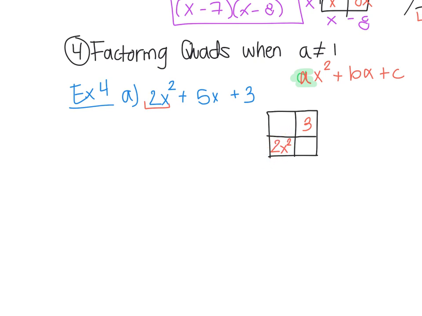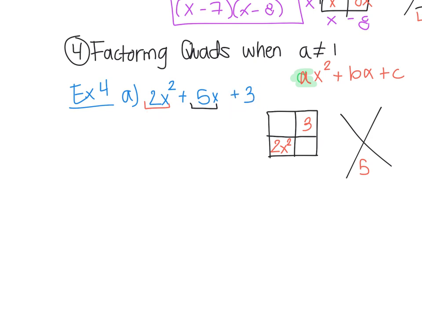The great news is we're still using a diamond game to do this. And our two numbers still need to add to 5x, or 5. So I'm thinking of two numbers that add up to 5. And then instead of placing the 3, this last term, or the c value, right here like we did in the last problems, now you take the a value, 2, and you multiply it by the c value, 3.